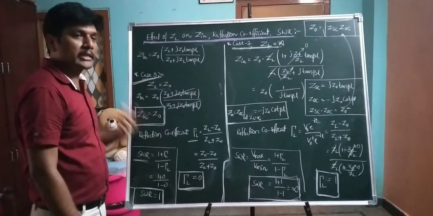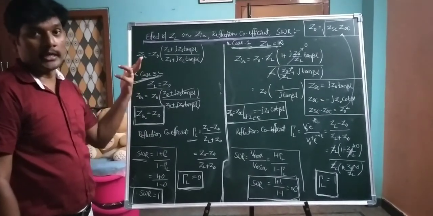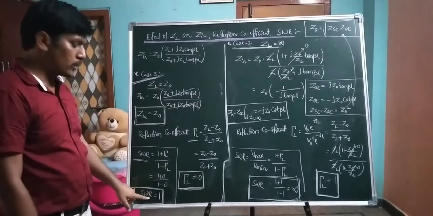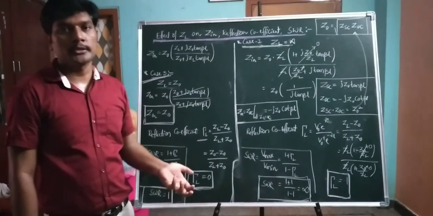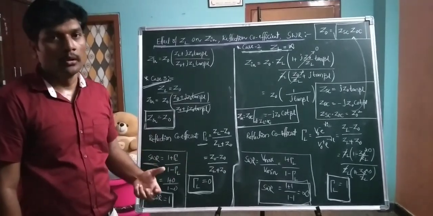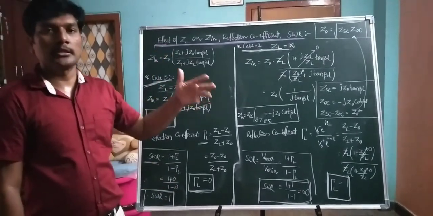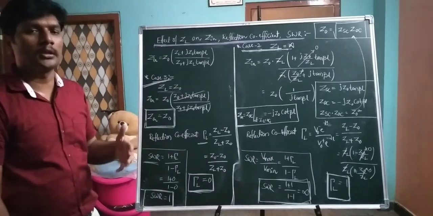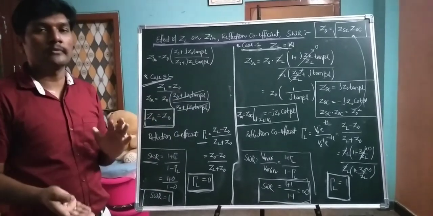When the load is exactly matched, when ZL is selected as Z0, what is the standing wave ratio? The standing wave ratio equals 1. In objective questions, maybe the question arises: what are the possible values of the standing wave ratio? So we may select ZL as 0, or ZL as infinity, or ZL exactly matched with Z0.